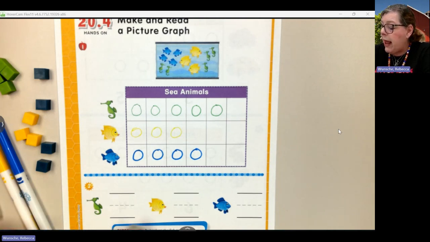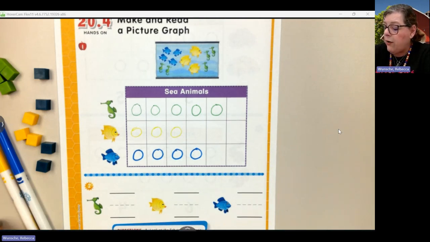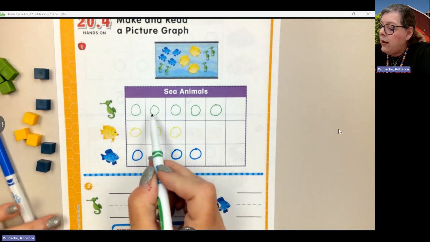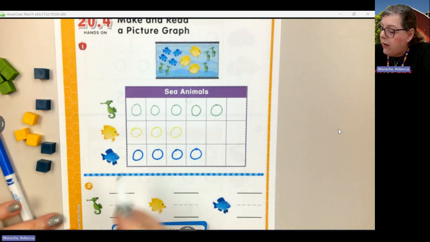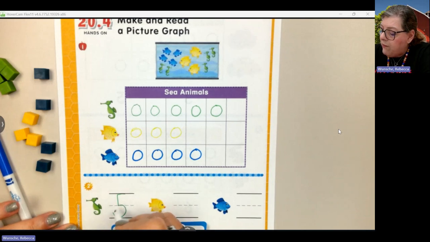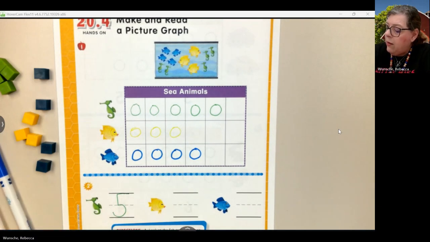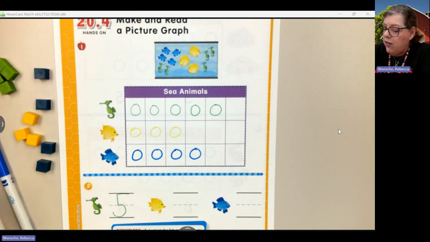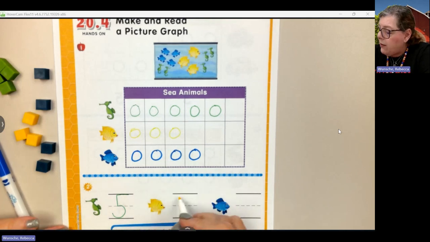Then we're going to be asked to write in each number for our creatures on the bottom. So we're going to look at our green seahorse and we're going to count 1, 2, 3, 4, 5 green seahorses, and we're going to write the number 5. We're going to be asked about our yellow fish, and we see that we have 1, 2, 3 yellow fish.